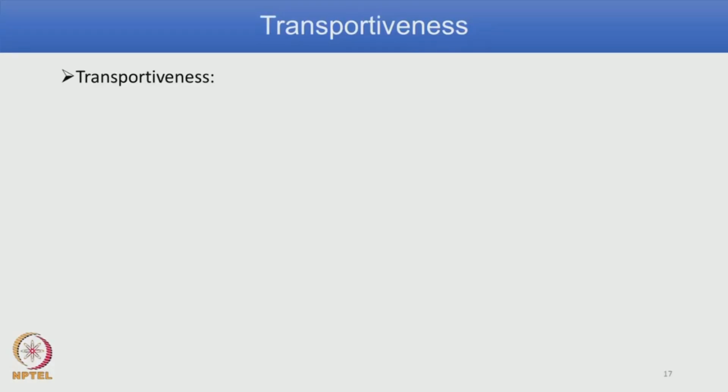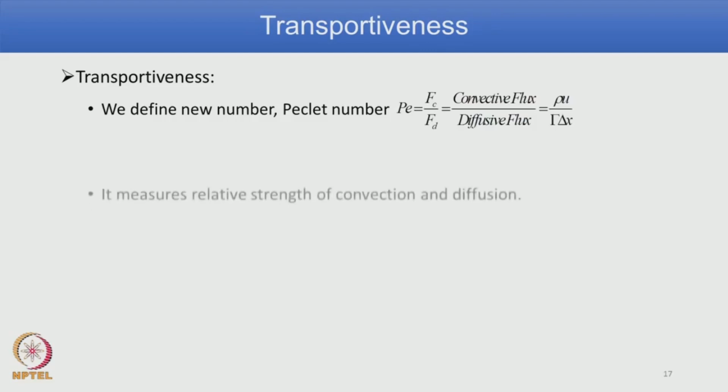So, we go on to the third property, what is known as transportiveness. For this, we define a new number, known as the Peclet number, which is usually given by the letters Pe, and it is a ratio of convective flux to diffusive flux. Convective flux is written as rho into u, because u is a velocity and that tells you in which direction and how much it is going.